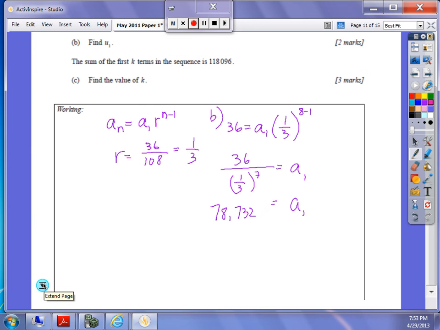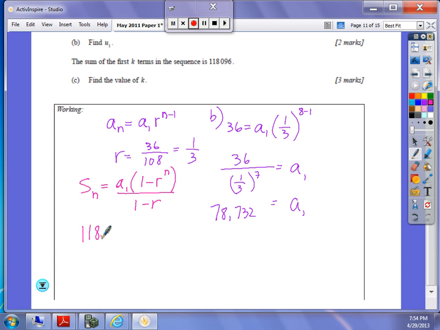The sum of the first n terms is equal to the first term, a sub 1, times 1 minus the ratio to the power of n, all divided by 1 minus the ratio. So we can just do some substituting now.